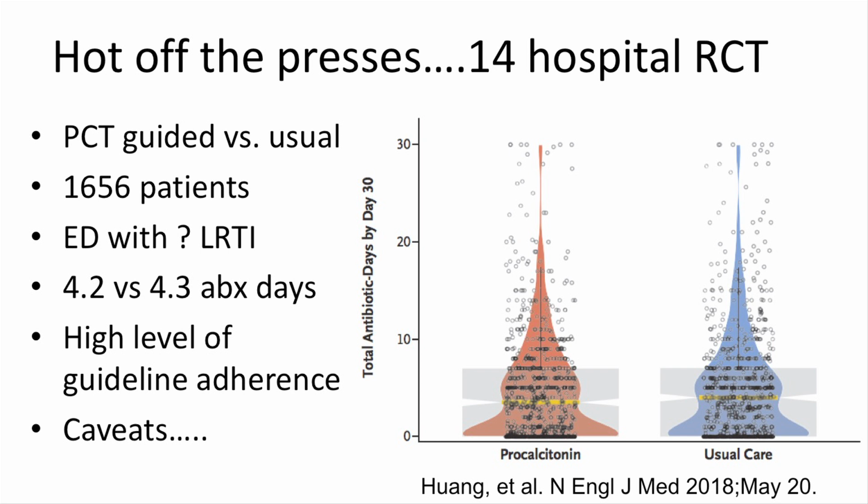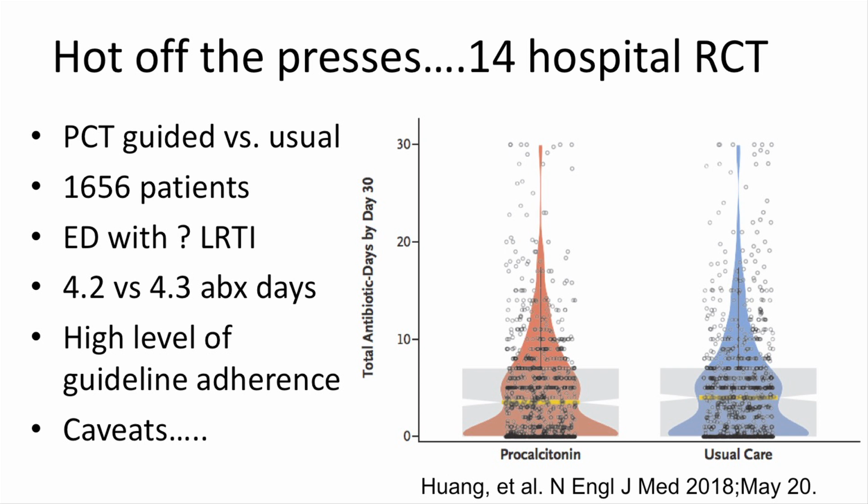This was a randomized controlled trial of procalcitonin versus usual therapy. Over 1,500 patients presenting to an ED with lower respiratory tract infection. No difference in antibiotic exposure between the groups. Now, the caveats to this are, think about how different this population is than an ICU population. The minority of these patients actually had lower respiratory tract infection.